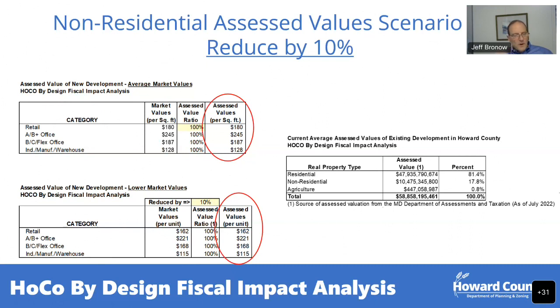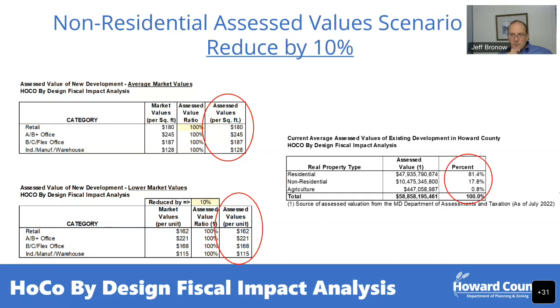One thing to keep in mind when we look at the impact of this on the next slide is that, and this has been discussed by EDA and others, if you look at the current average assessed values of existing development in Howard County, the total assessed value of all real property in Howard County is $58.9 billion as of July 2022.